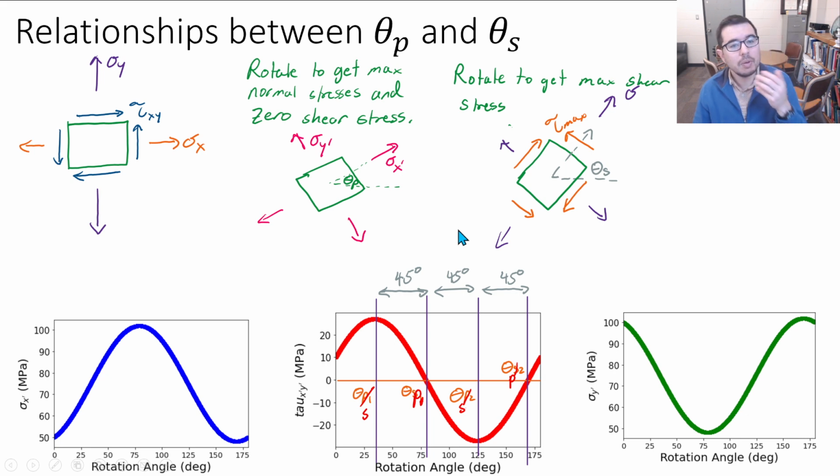And that's important to realize, okay, that if you find the state of principal stress, you can go 45 degrees either direction, and then you're in the state of maximum shear stress for a planar element, right? And just like in the last session, we said, why do we care about the principal stresses?